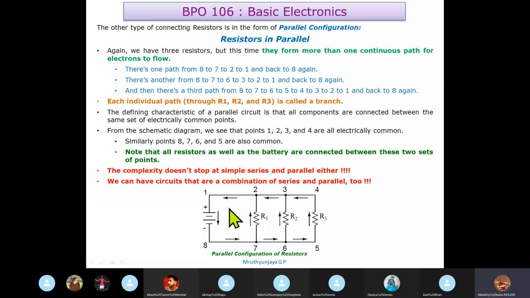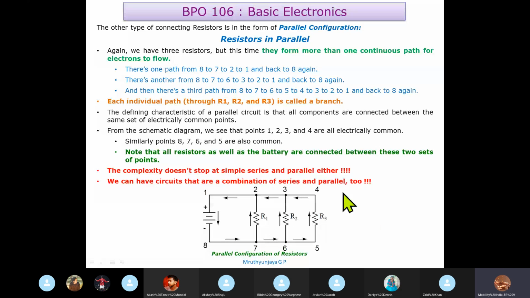If there are only 2 resistors in parallel, both 40 ohms each, the resultant would be 40 divided by 2, that is 20 ohms. Whereas in the series combination, if these are 40 and 40, it would be 80 ohms, 40 plus 40.